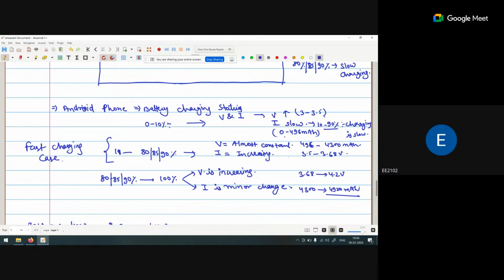Where the voltage value is increasing, we call it the voltage charging case.